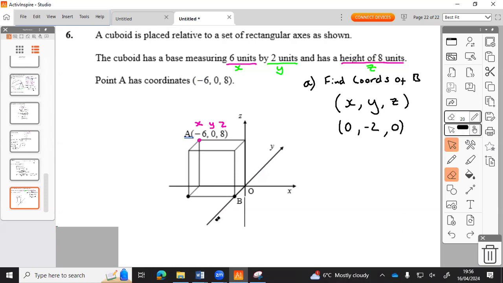Second part of that question, it asks to find the components of vector AB.